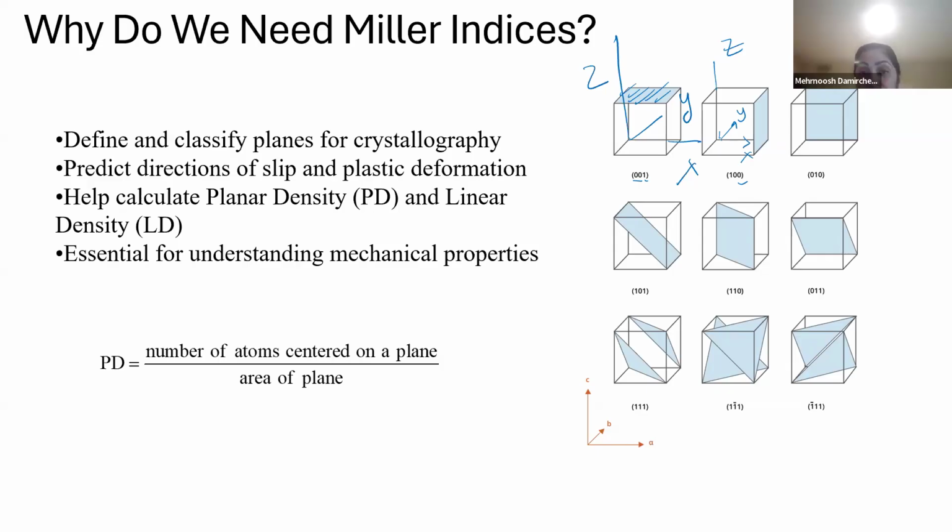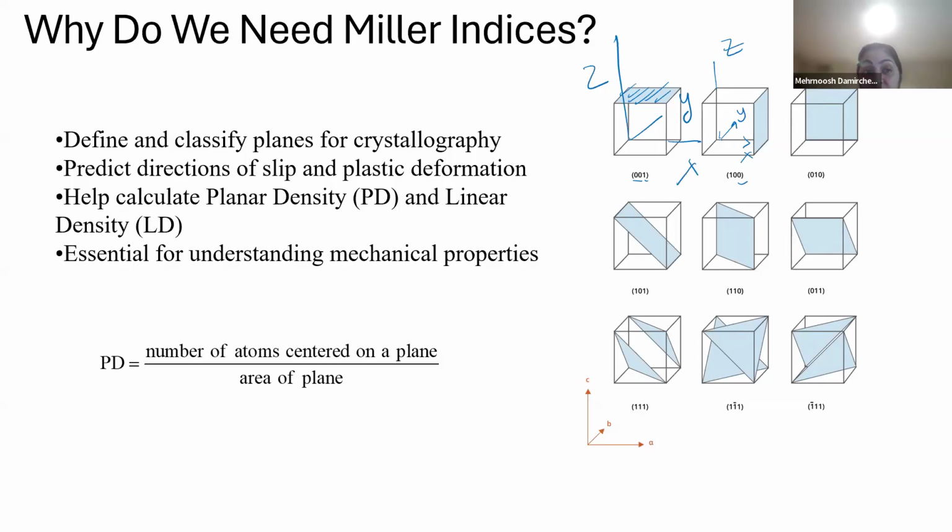So after knowing the trick for finding the Miller indices using 0 and parallel planes, why do we need Miller indices? To define and classify planes for crystallography, and to predict the directions of slip and plastic deformation.